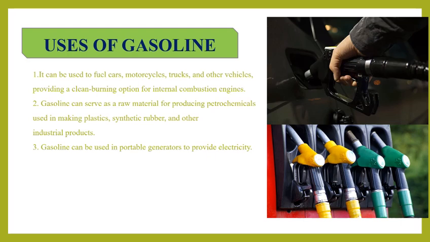And three, it can be used in portable generators to provide electricity, meaning that gasoline is really important. Therefore, if we only depend on production using crude oil, it wouldn't be that helpful to us. Therefore, there has to be another way, and that's why we are going to talk about the production of gasoline from biomass.